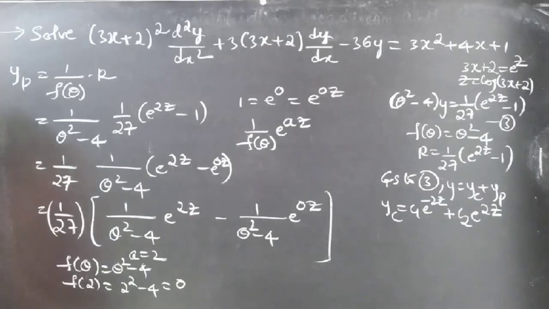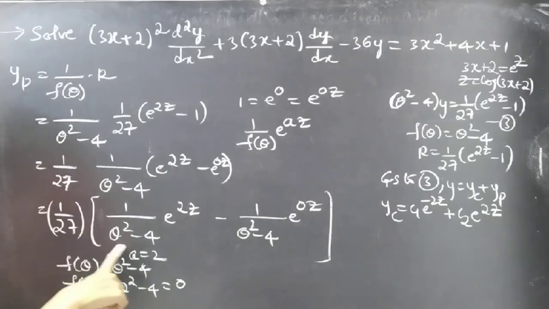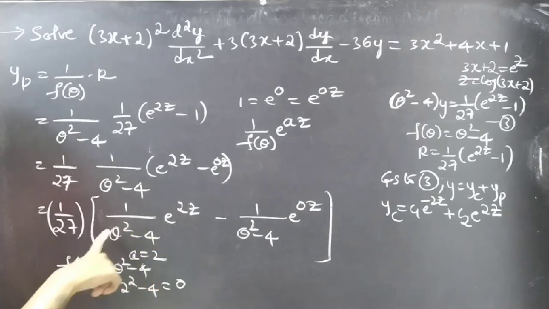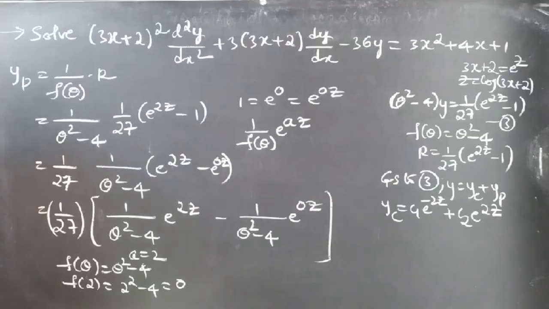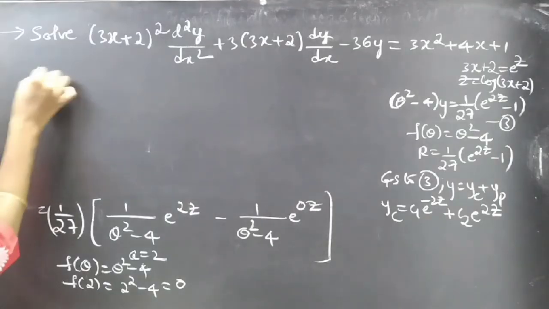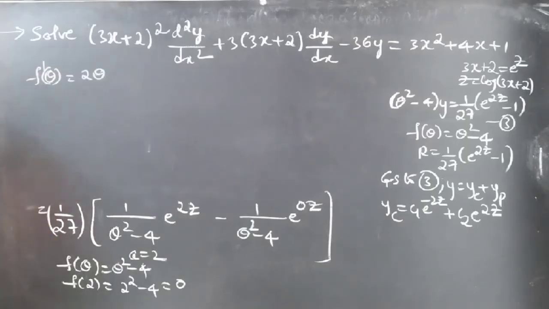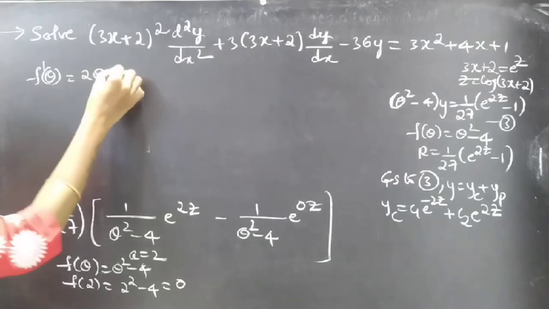So since f of 2 is 0, we'll include 1z, and in the denominator we'll find f dash of theta. f dash of theta is 2 theta, which is non-zero.